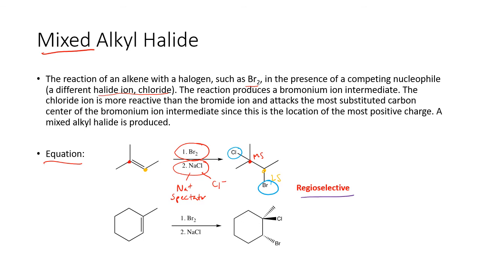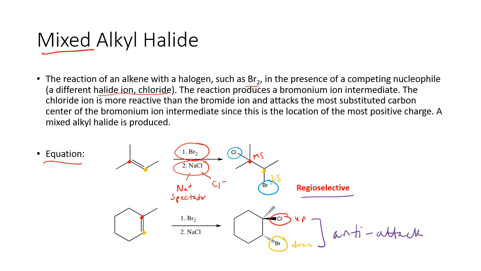And if we look at a ring, we can see the regioselectivity of this reaction better. We have our more substituted side with a methyl group coming off, and our least substituted side. The chloro group here is on a wedge, and that is face up. The bromo group is on the least substituted side, and it's on a dash, so that's face down. So these two are opposite faces, so they went through that anti-attack.